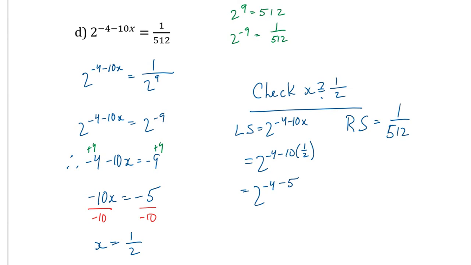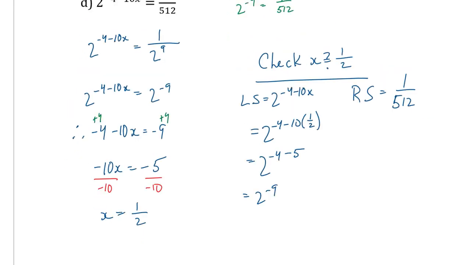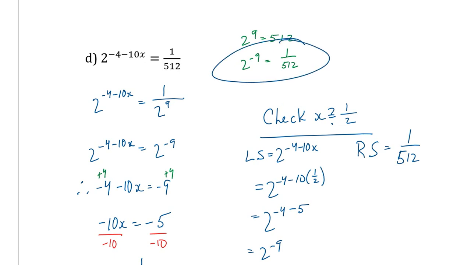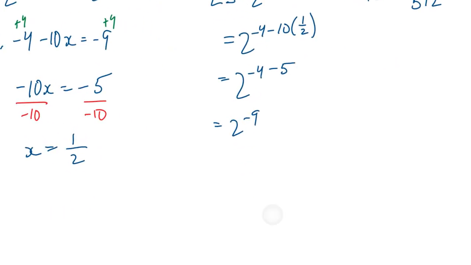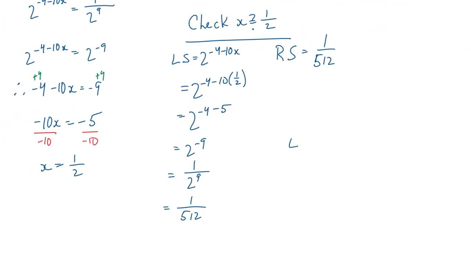So minus 5, which is 2 to the negative 9. And all that stuff that we already did, I've got it written right there. I know that this is 1 over 512 because it's 1 over 2 to the positive 9, which is 1 over 512. Okay, and finally, left side equals right side. Therefore, x is 1/2. And that's that.